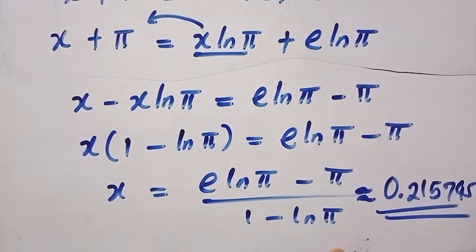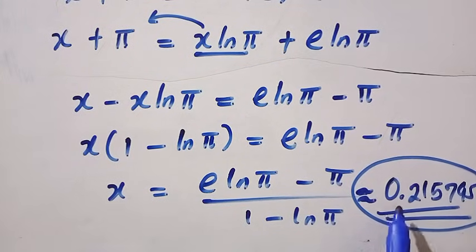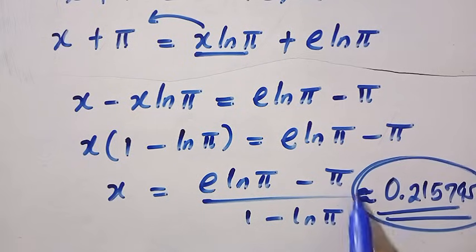So this is the approximate value of it, and this is how I solve this step by step. We can confirm by substituting this value of x in the given equation, and the two sides will be equal. This is how to solve this, and this is where they intersect.